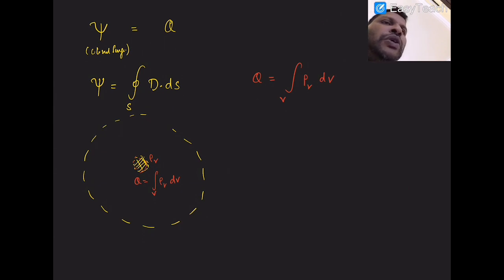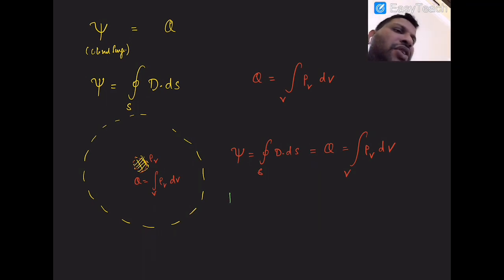Okay. So I can write my flux ψ is equal to the closed integral of D dot dS, and this will be equal to the total charge, and this will be equal to the integral of ρv dV. Now you know that by using the divergence theorem, we know that I will take this term, this is the surface integral.